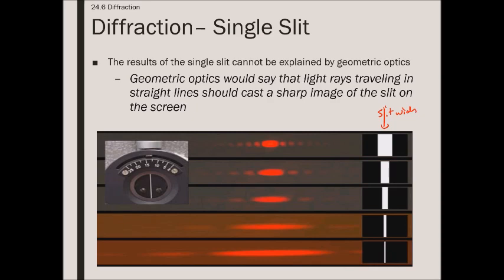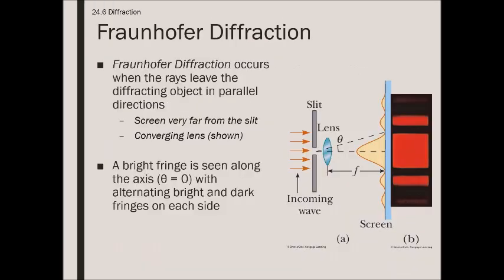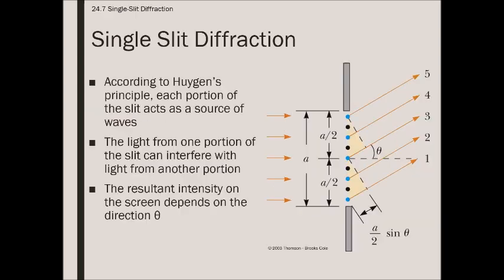With a nice wide slit, we get a fairly narrow diffraction pattern, and with a tiny slit, we get a super wide diffraction pattern because it actually makes the wave spread out more. Another variation on this idea is Fraunhofer diffraction, where they put a lens in to intensify the pattern. We're not going to really worry about that. We're not going to do any math with it, but it is another variation.